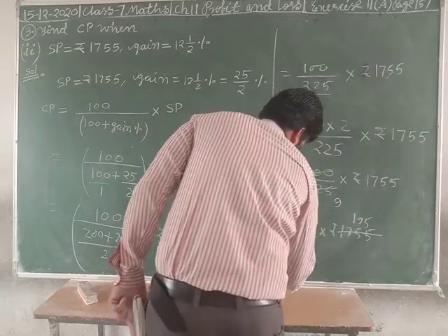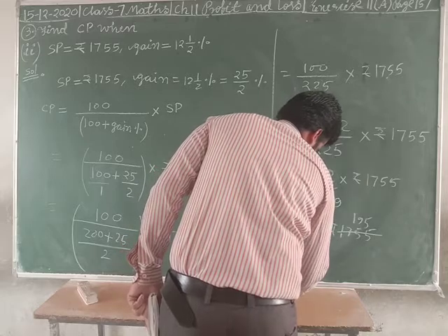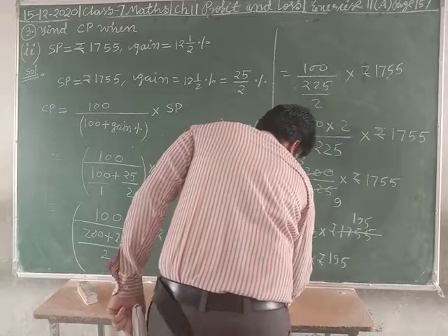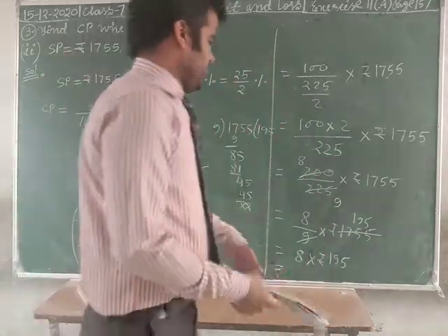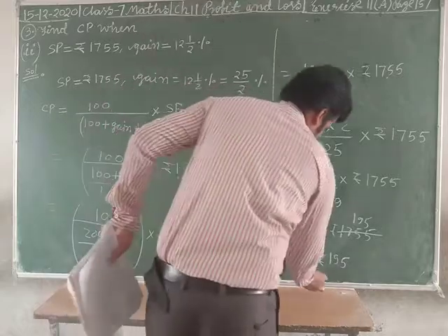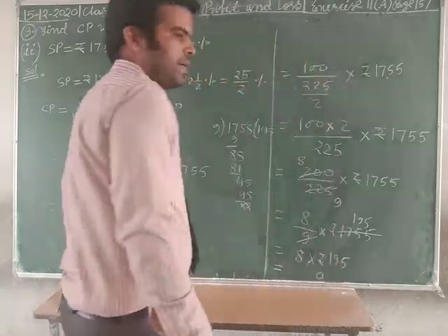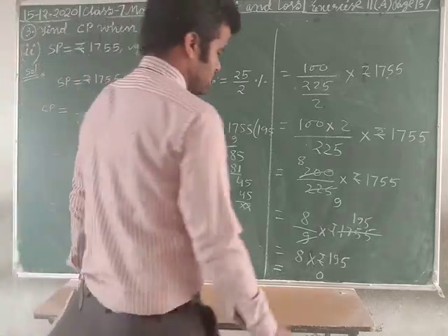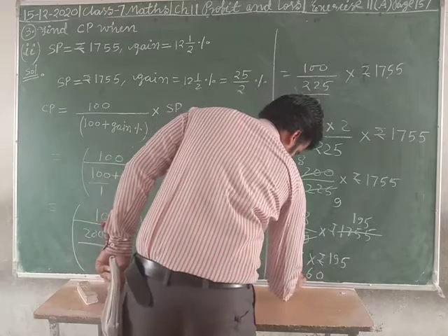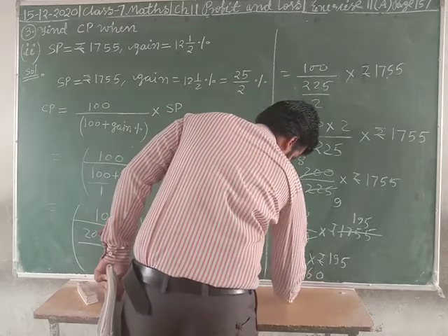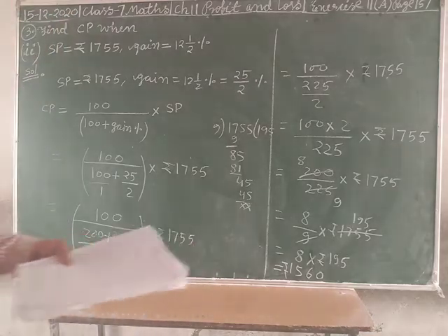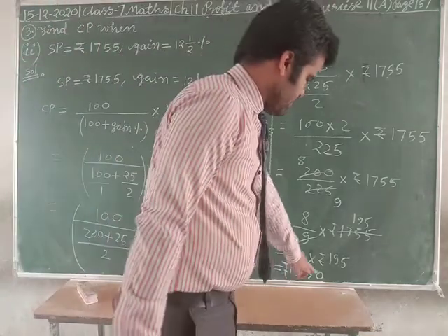Now we write 8 into rupees 195. 8 times 5 is 40, carry 4, 8 times 9 is 72 and 4 is 76. Carry 7, 8 times 1 is 8 and 7 is 15. So the answer will be rupees 1560. Okay students, answer will be 1560.